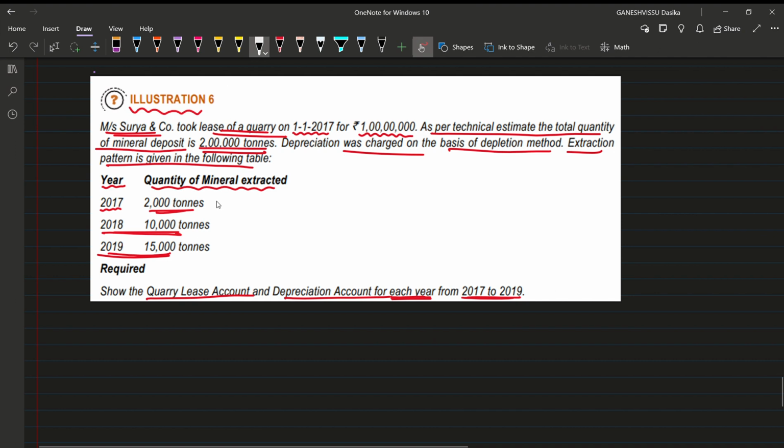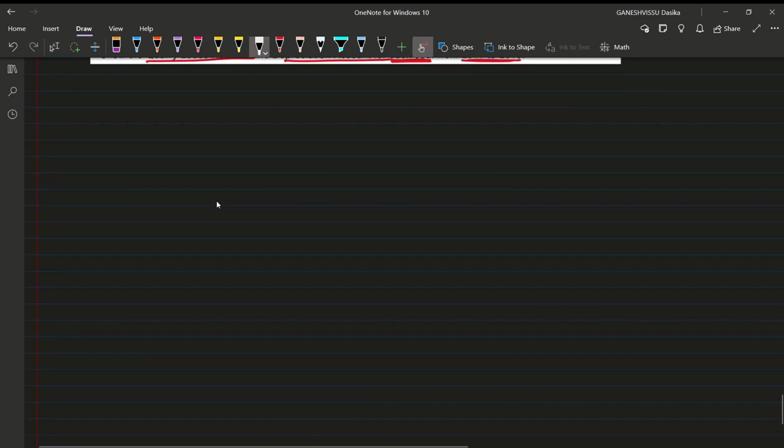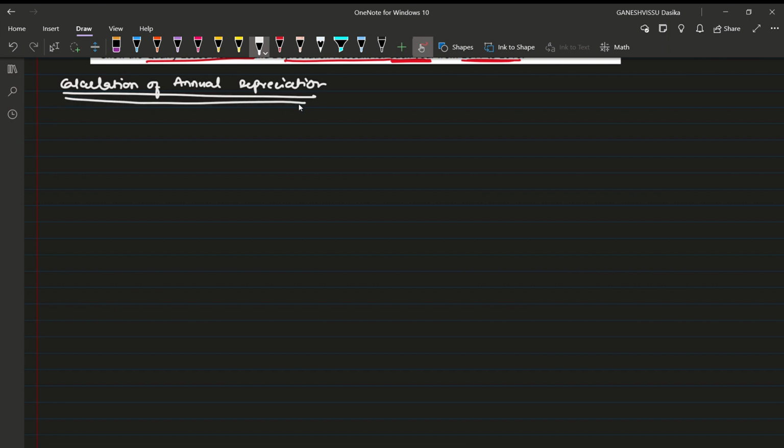But before going to that, let us see the annual depreciation. So, calculation of annual depreciation. They have not given us the scrap value. Of course, for a lease, there will not be any scrap.